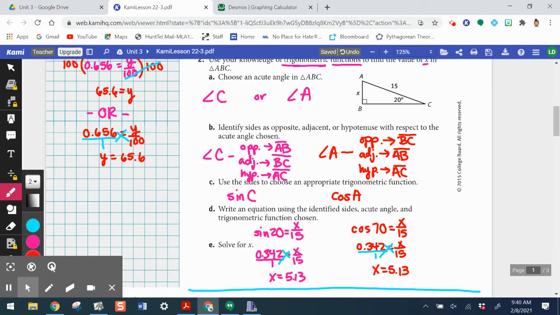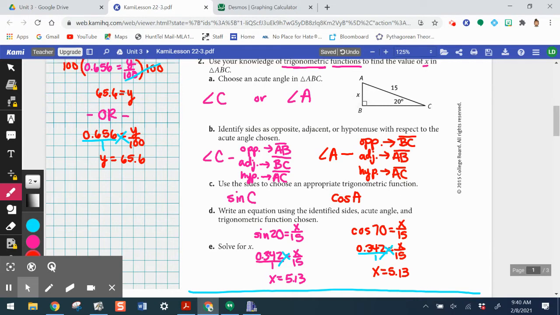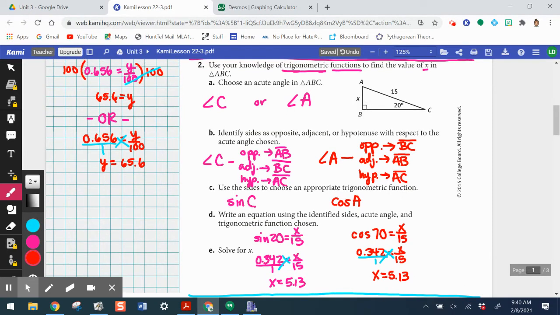So hopefully you took a minute to work through this, and I'm actually going to show how to find this missing side, the value of x, using either acute angle, and really stress what we've been trying to make known over these last few lessons of how the sine and cosine of complementary angles are actually equal to one another.